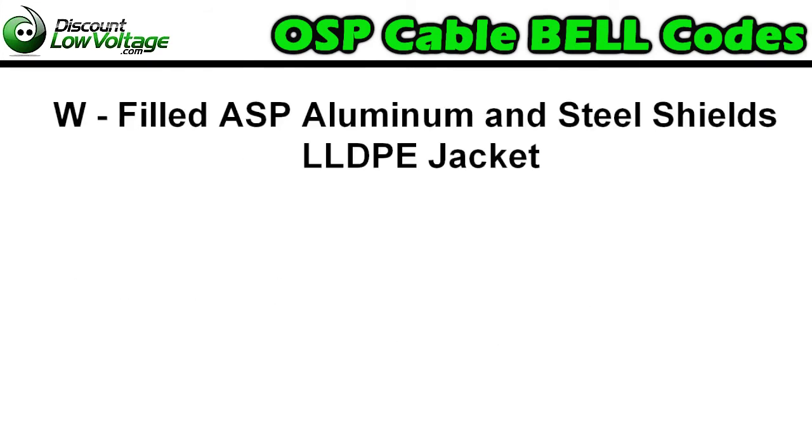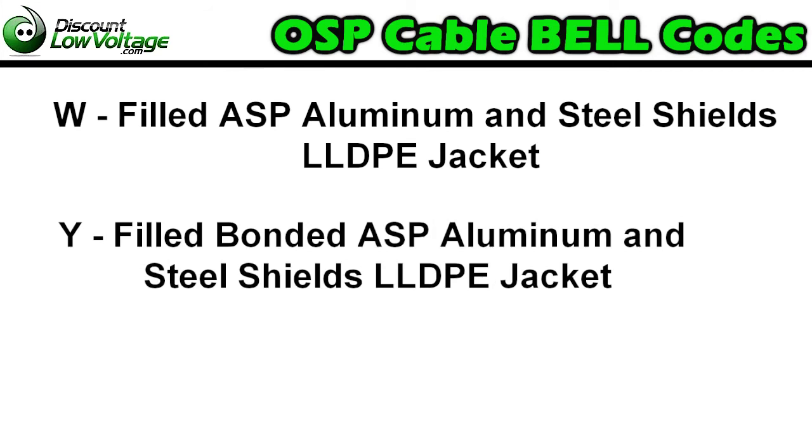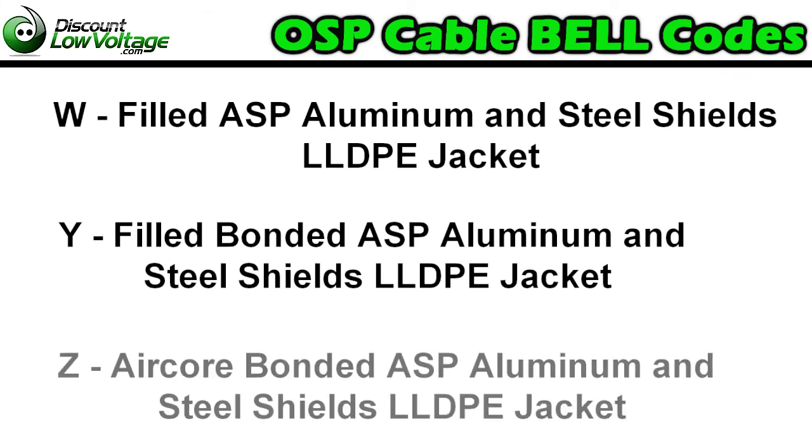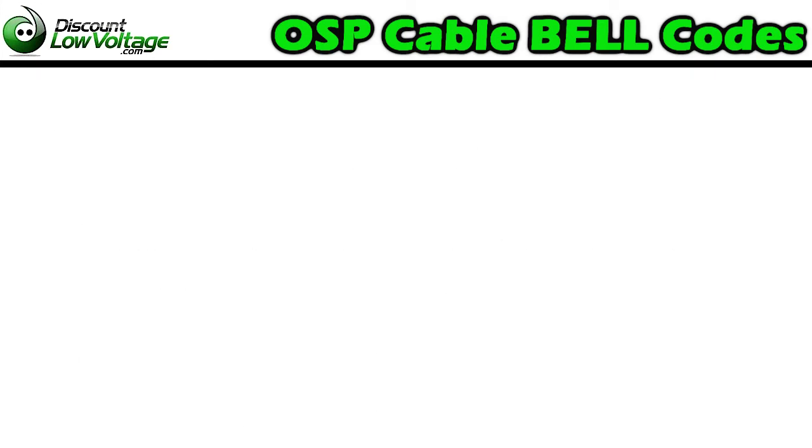W, filled ASP aluminum and steel shields LLDPE jacket. Y, filled bonded ASP aluminum and steel shields LLDPE jacket. Z, air core bonded ASP aluminum and steel shields LLDPE jacket. Now our code is A.